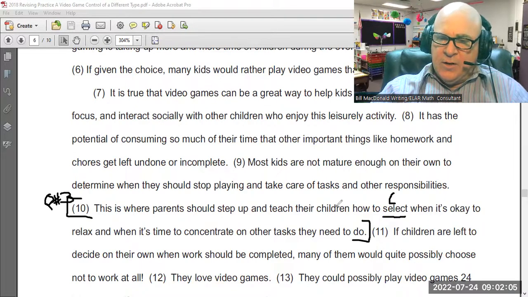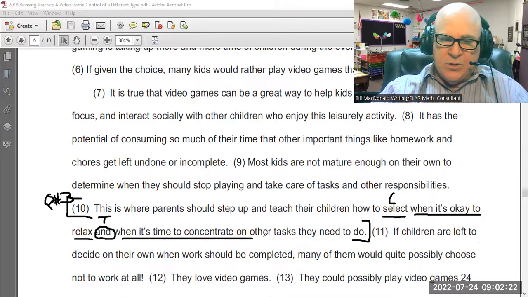So they're comparing and contrasting. Here's the two different things. And so when it's okay to relax, I'll continue there. And then this is your transition word. And when it's time to concentrate on other tasks they need to do.